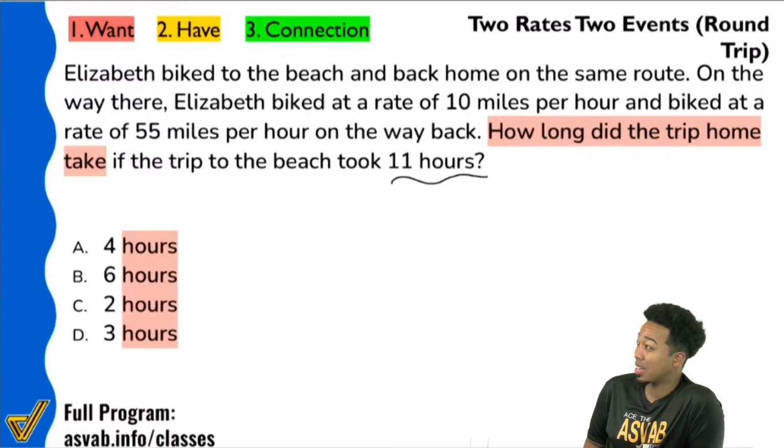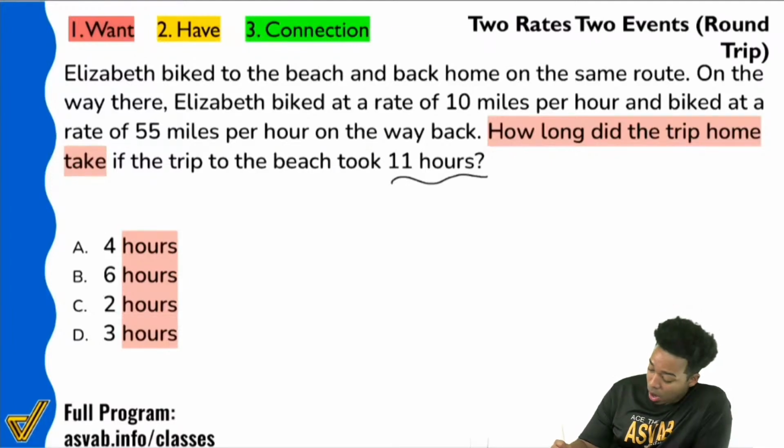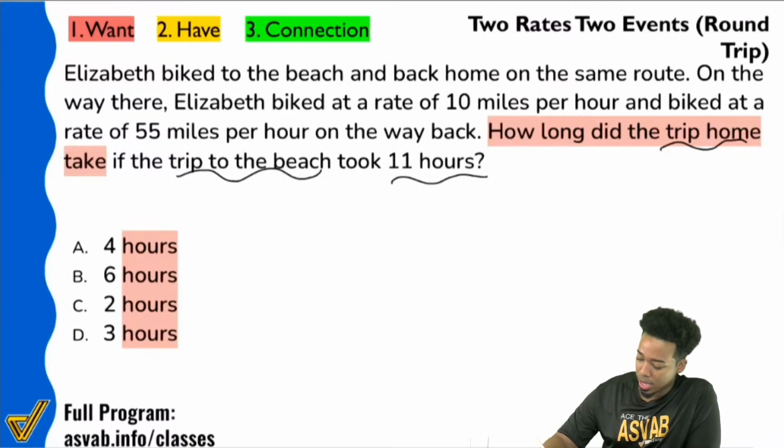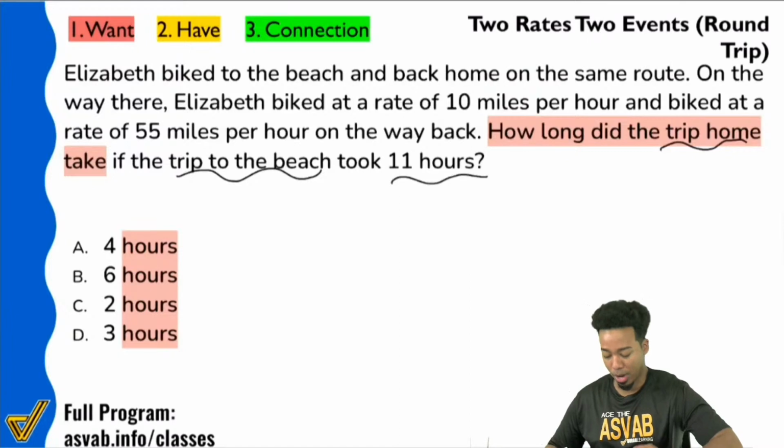Right? Just by looking at that, we might want to organize the information because specifically it says here, how long did the trip home take? And then it says the trip to the beach. That's interesting. Very interesting. So let's go ahead and organize this information the right way.